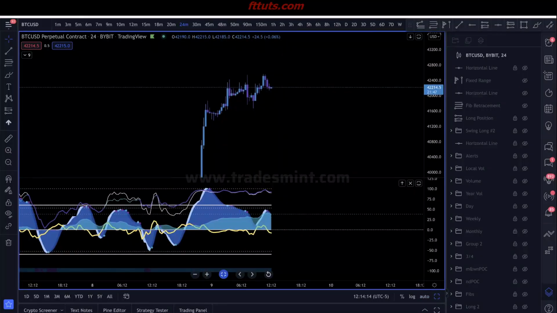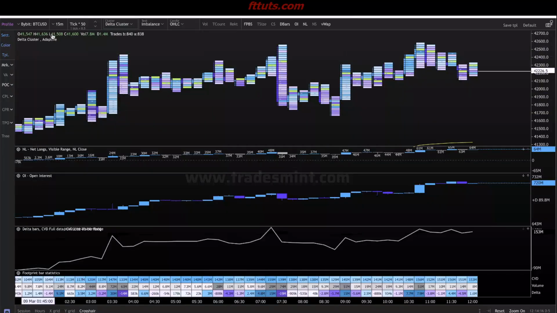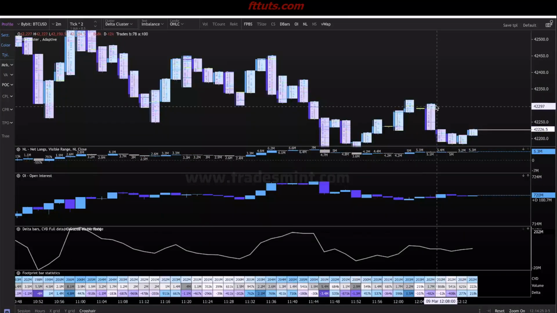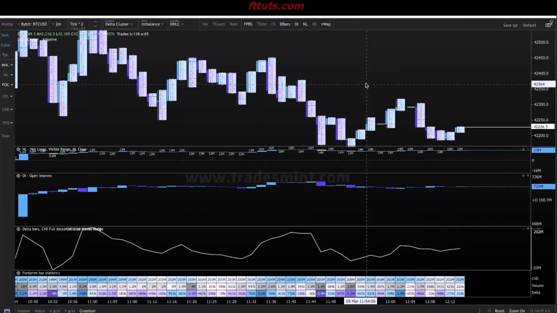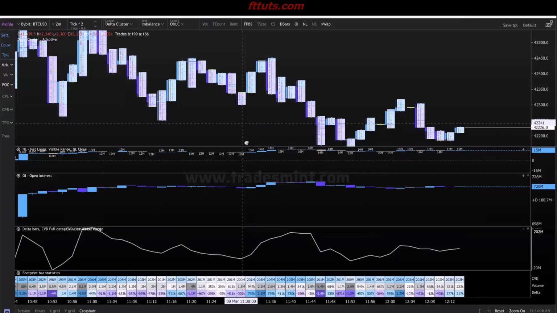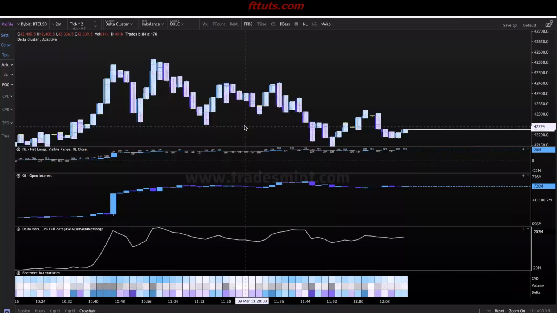If we go to our chart and go down to a lower time frame, like the 2-minute time frame, we can see very locally here, hang on, let me go down to an even lower time frame.